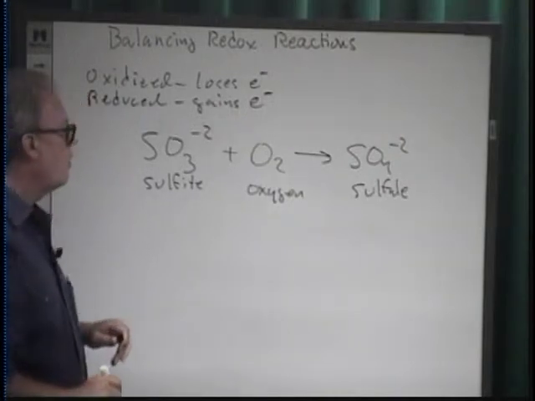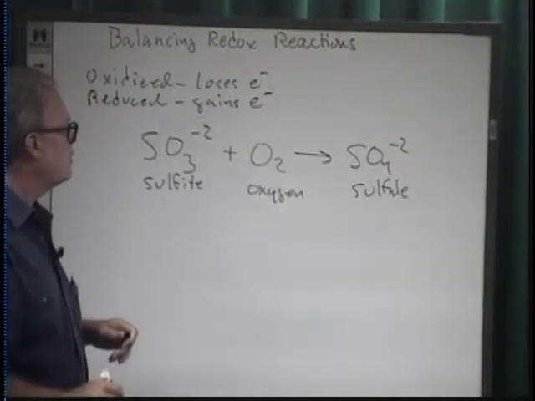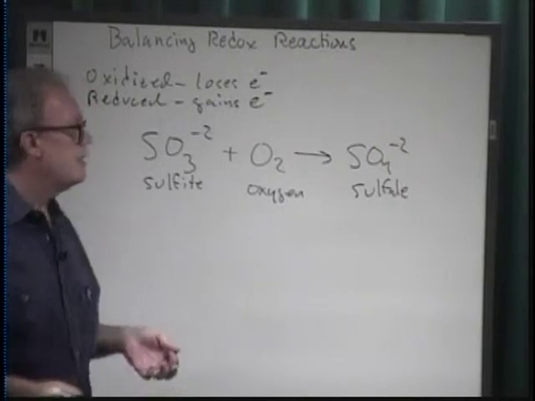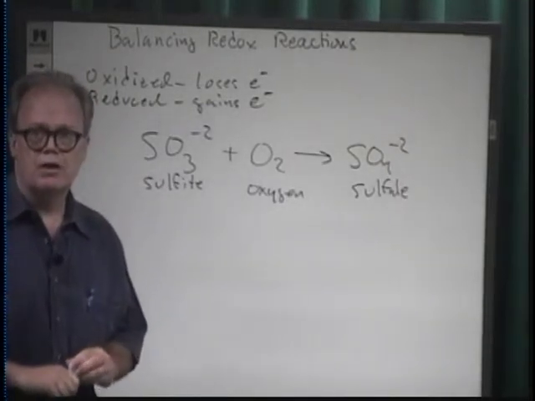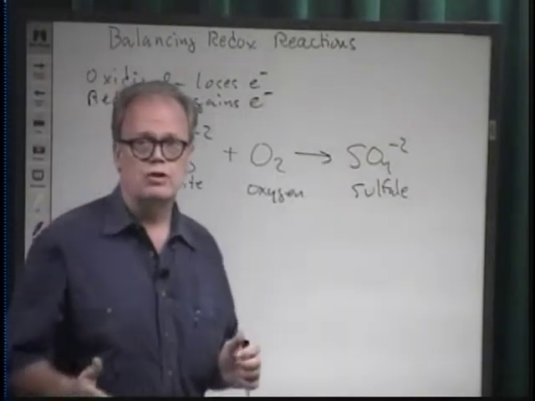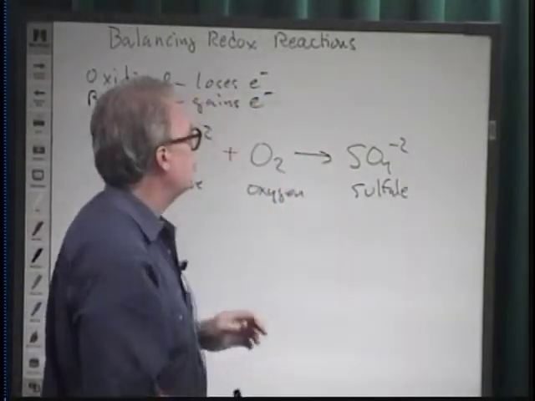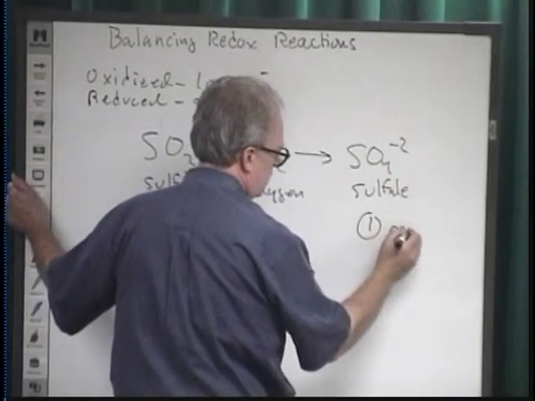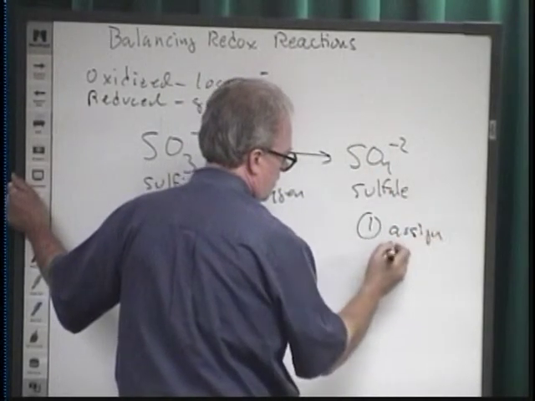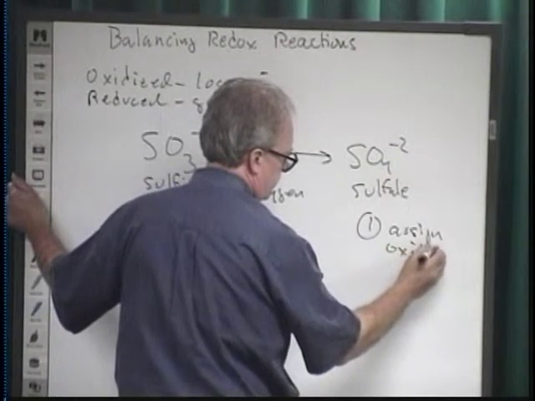Okay? Now, in thinking about oxidation reduction reactions, the first thing is to determine which reactant is being oxidized and which reactant is being reduced. Okay? And we do that by assigning oxidation levels.